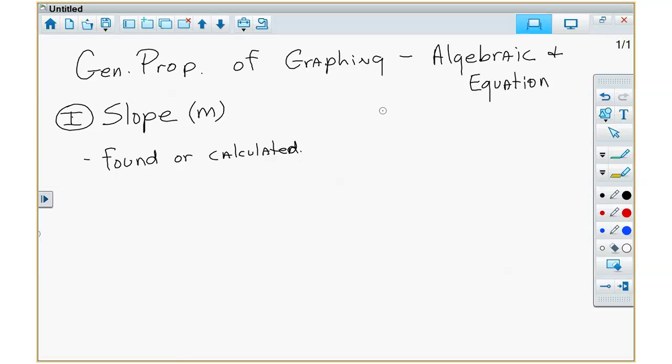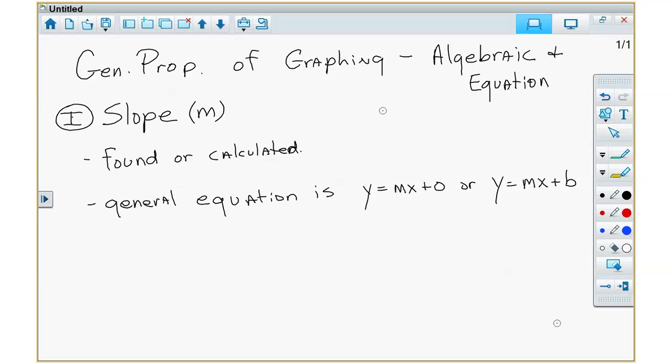Now, how can it be found? Well, the general equation for a line is y is equal to mx plus 0, or y is equal to mx plus b.